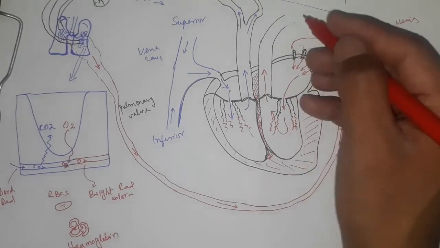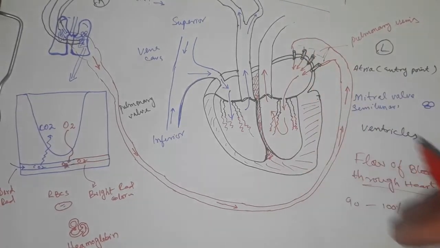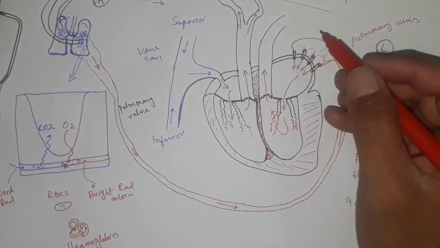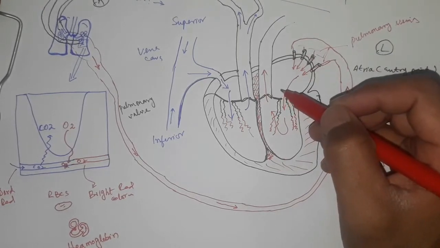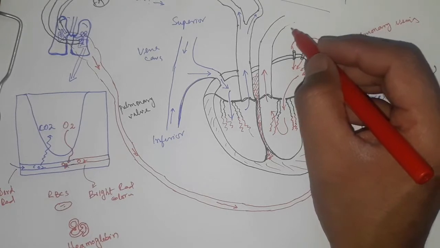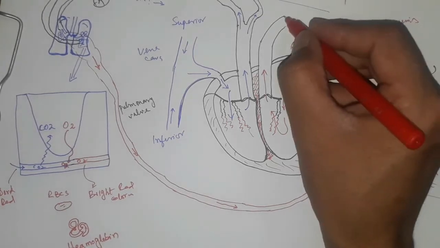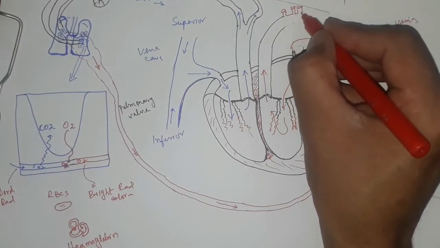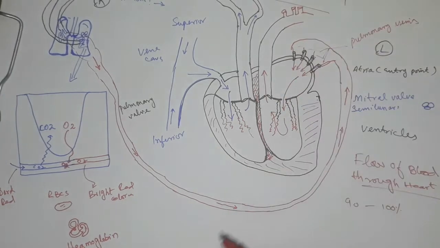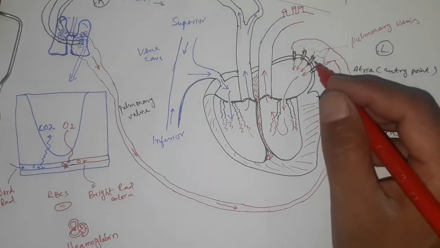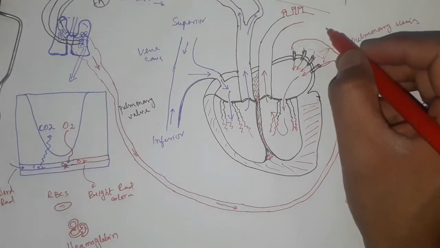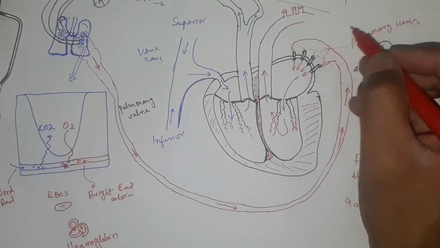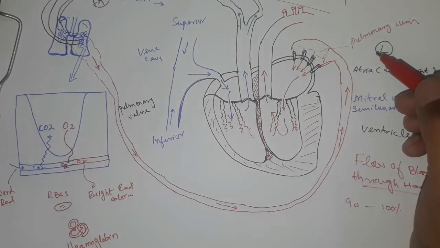When the left ventricle contracts, this blood will move into the systemic circulation and it will be pumped through the aortic semilunar valve, which normally has 3 cusps, out into the aorta, and the aorta branches into these carotid arteries, which supply mainly the head. The aorta branches into many arterioles, which are smaller arteries, and finally into the capillaries, which are the smallest arteries.